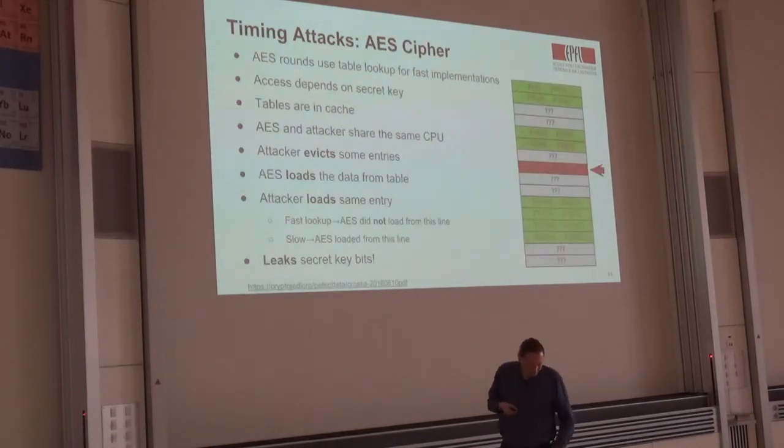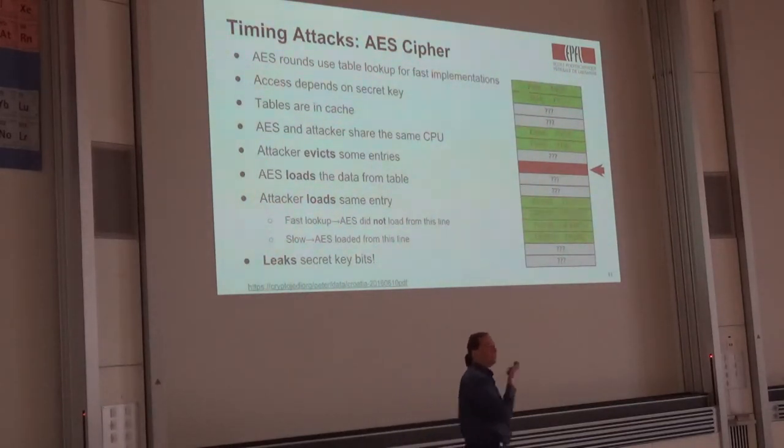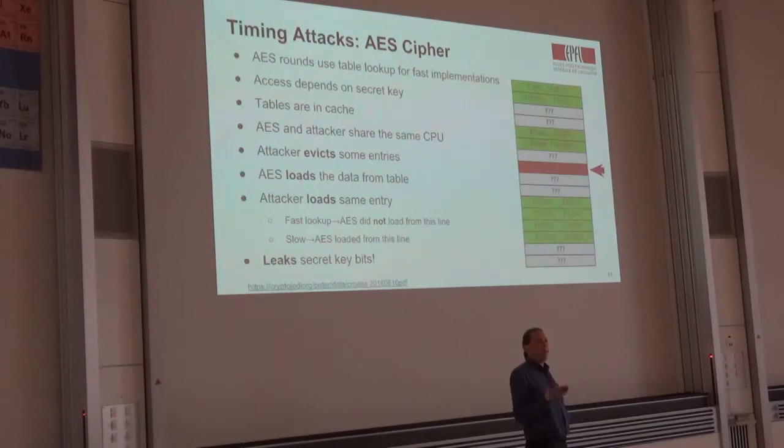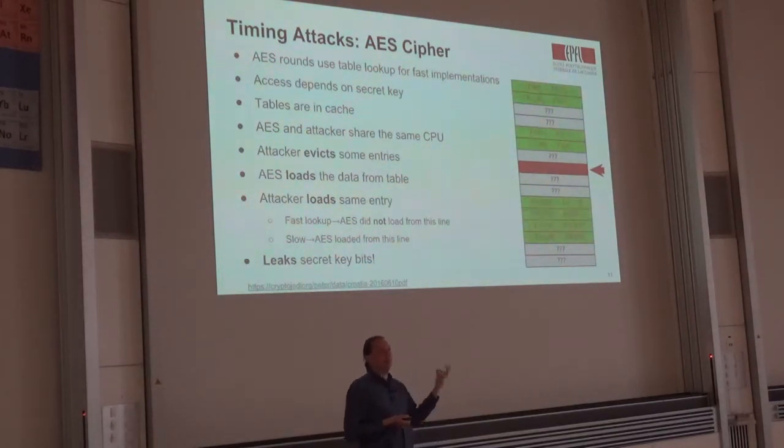So, as you might guess, this doesn't completely break the AES private key all in one go. The attacker is getting pretty fuzzy, noisy information here. If you're familiar with cache architectures, these table entries aren't usually conveniently exactly one cache line in size.